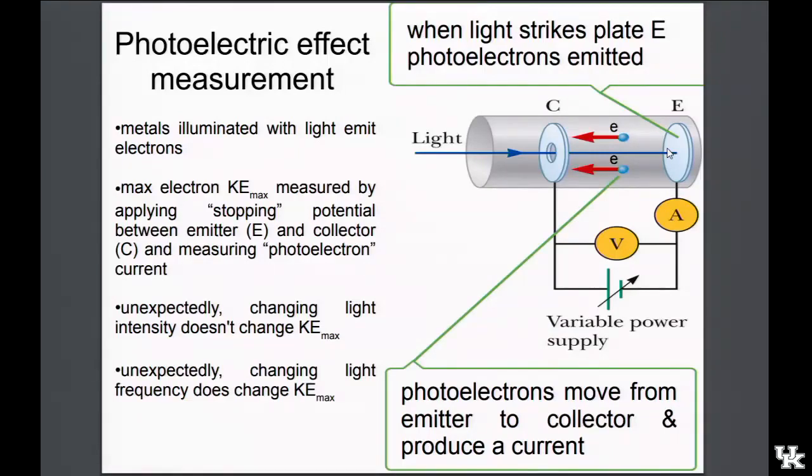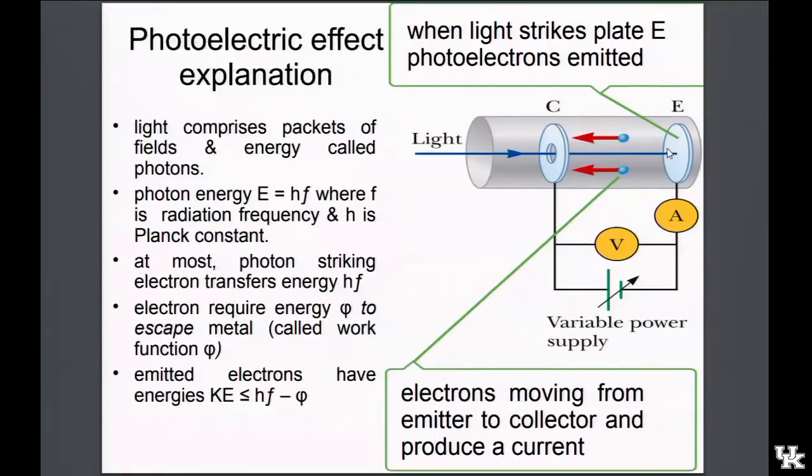It's not determined by the intensity of the light. And specifically, if you shorten the wavelength, that is increase the frequency, you increase the kinetic energy of the electrons. If you lengthen the wavelength, that is decrease the frequency, then you lower the maximum energy of the electrons. So that's the experimental observations.